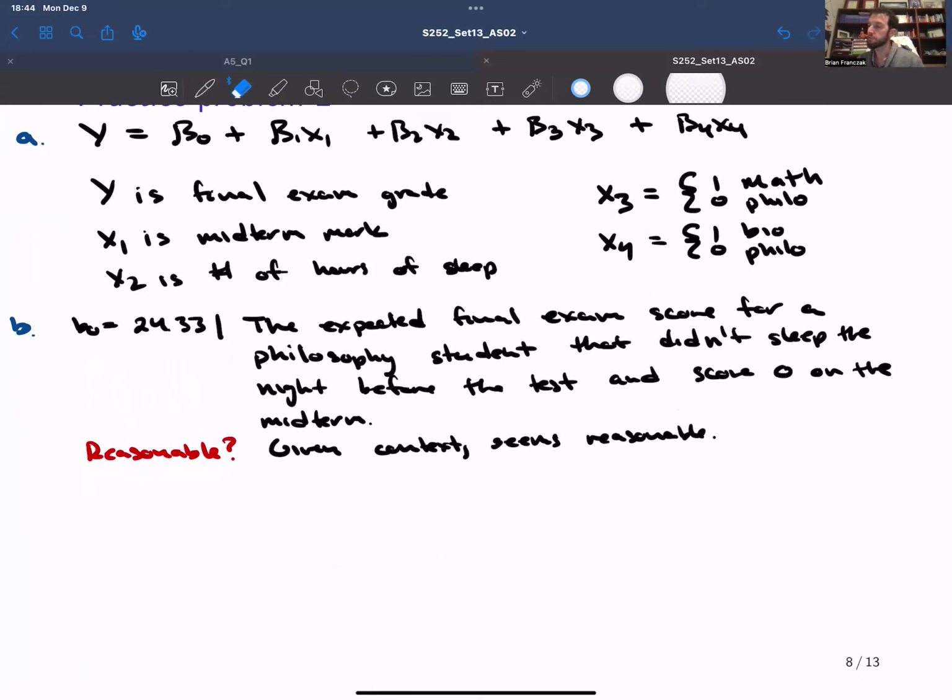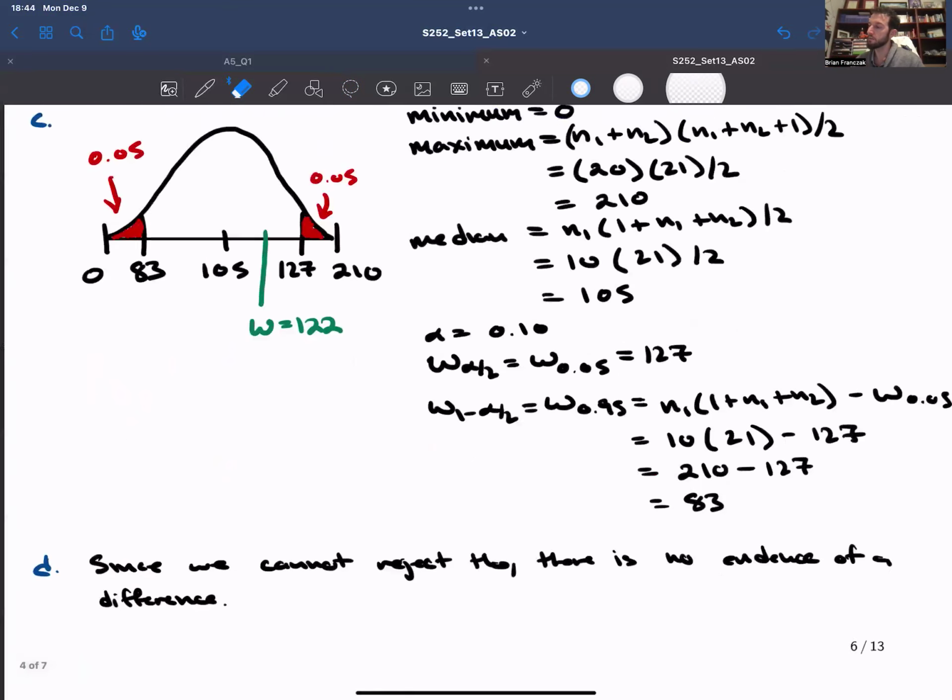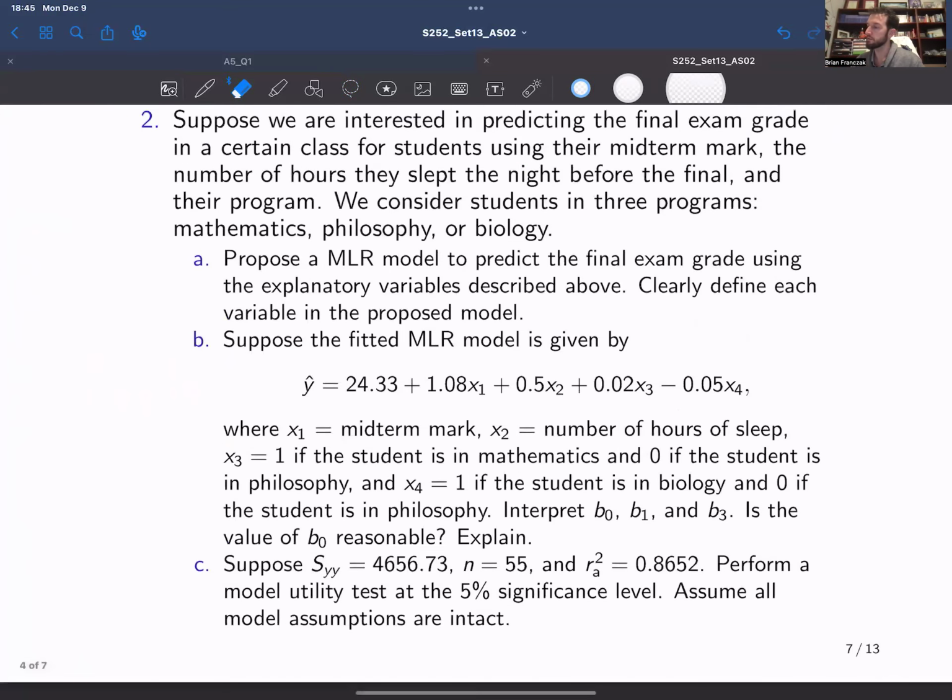In the context of this problem, remember that our empirical model, which is given on slide 7, defines x1 to be the midterm mark, x2 to be the number of hours of sleep, x3 equal to 1 if the student is in math and 0 if the student is in philosophy, and x4 is 1 if the student is in biology and 0 if the student is in philosophy.